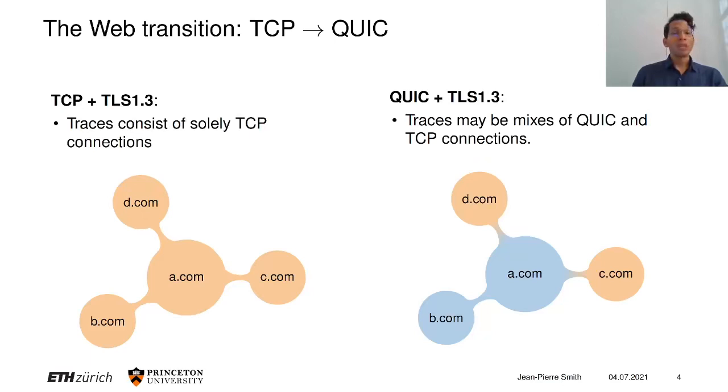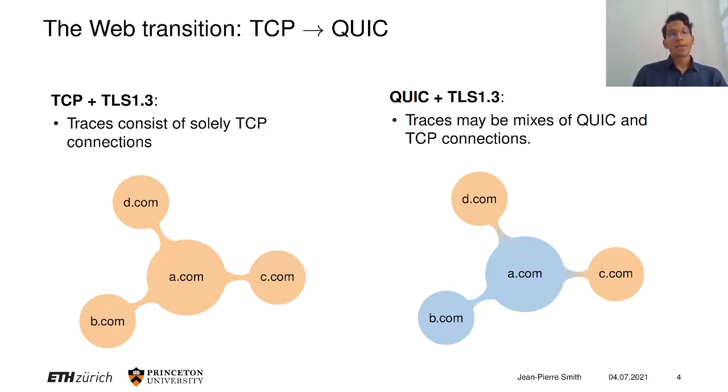The HTML page may be loaded using QUIC, however, the dependent resources may still need to be loaded using TCP, as the remote servers on which they are located may not yet support QUIC. An adversary that observes metadata in the network therefore now has to account for the fact that this metadata may come from both QUIC and TCP connections for the same web page load.